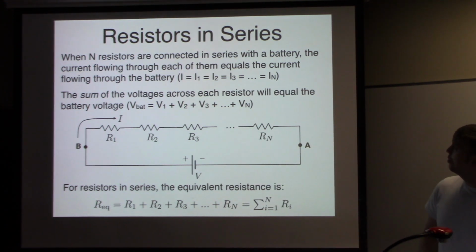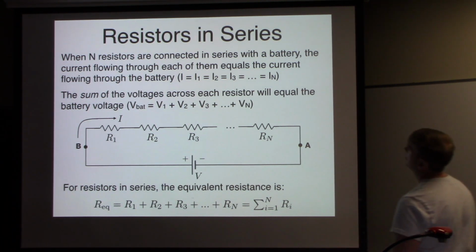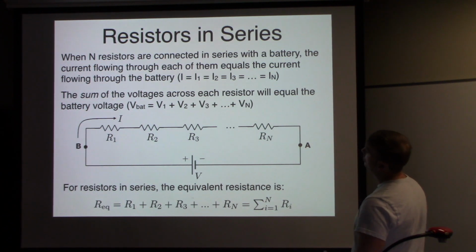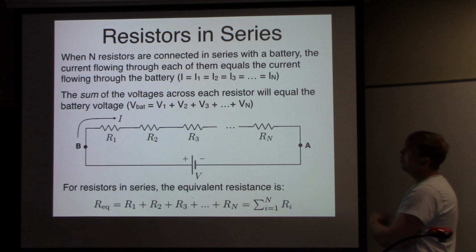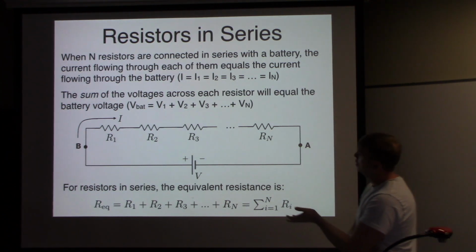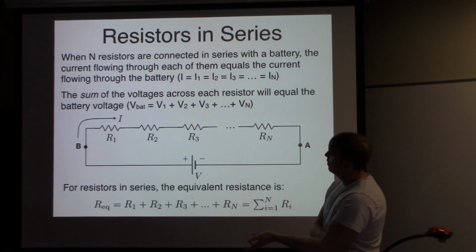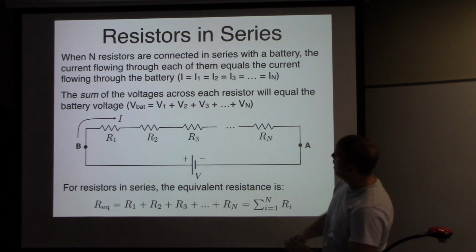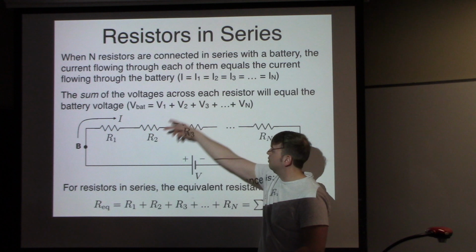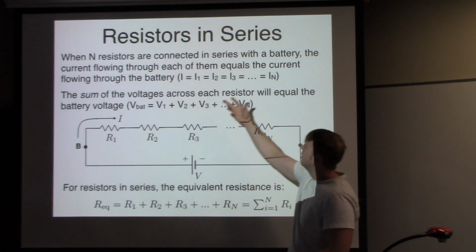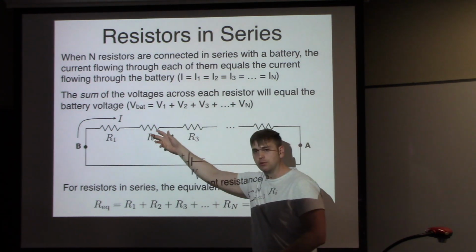So there are 2 points I want to make about this arrangement. The first one has to do with current. When we have N resistors connected in series with a battery, the current through each of them equals the current flowing through the battery. So I, the current flowing through the battery, is equal to I1, the current flowing through resistor number 1, is the same as I2, the current flowing through this resistor, and so on.